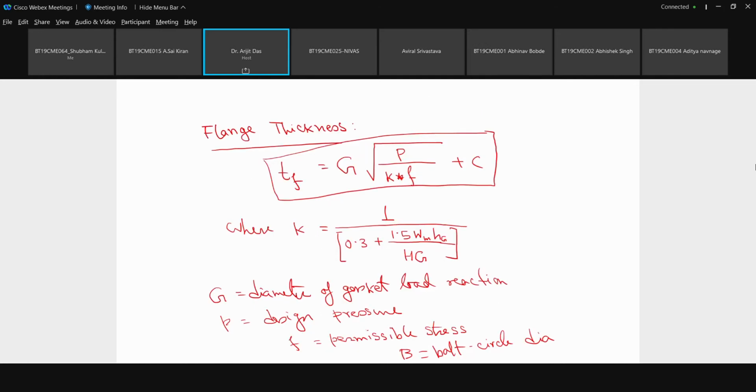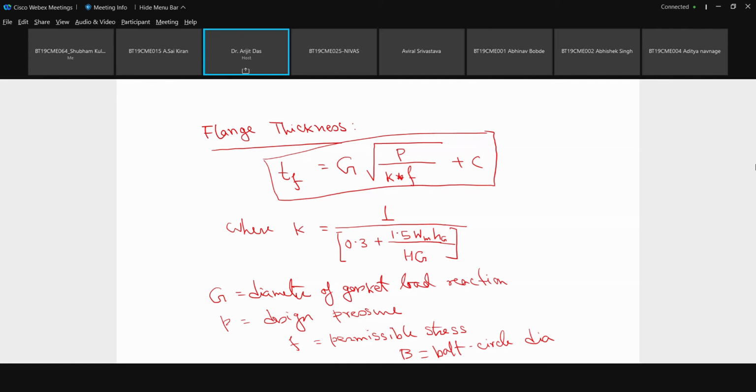And please write down this formula, flange thickness, how to get the flange thickness. So the equation is G root over P by K into F plus the corrosion allowances, where K is a constant and K can be estimated using these equations.